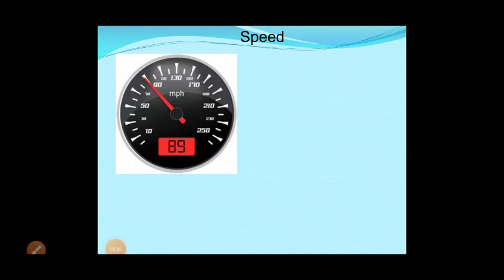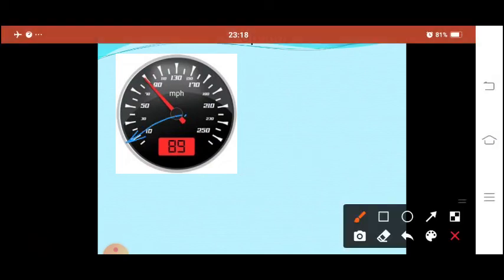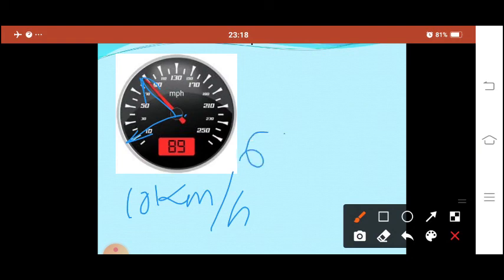That means it shows the speed. If it shows like this, it means 10 kilometer per hour the vehicle is moving. Now you can see here it is at 60. That means the vehicle is moving 60 kilometer per hour.